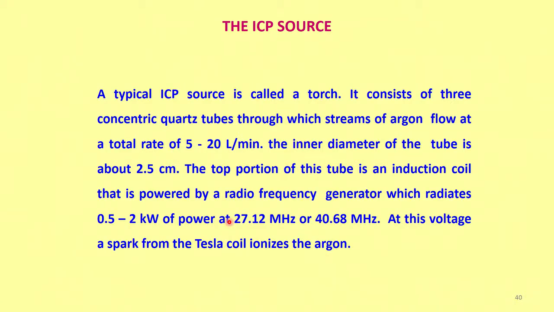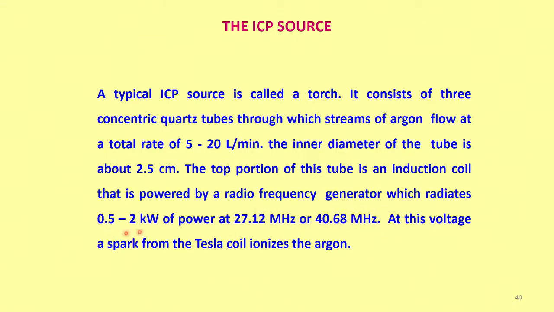So, the top portion of the tube is the induction coil, that is powered by the radio frequency, and that generates a wattage of about 0.5 to 2 kilowatt of power at 27.12 megahertz or 40.68 megahertz. You can choose any one of these two.